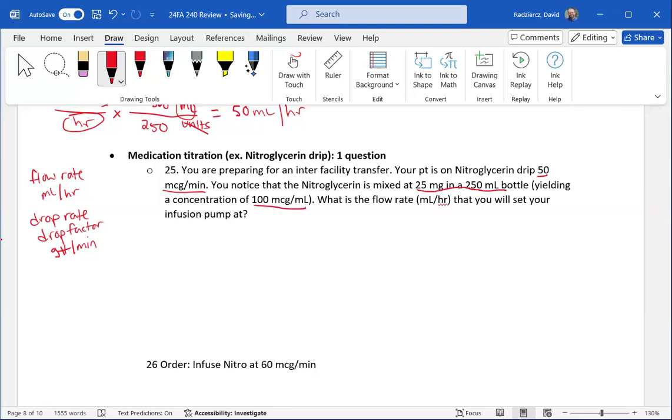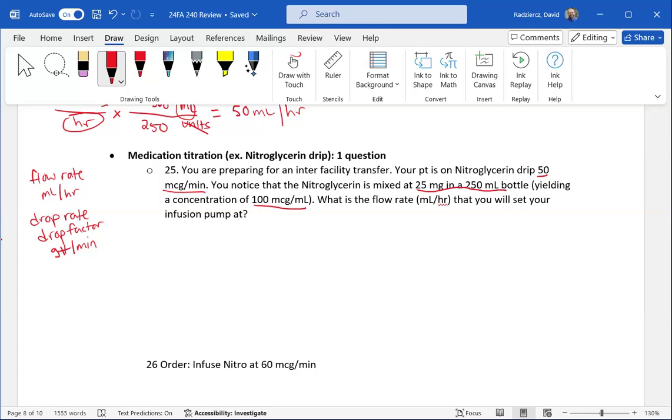So it tells us what the concentration is. Let me double check that. Yes, that is correct. Everything's in the same unit, so the only thing we need to do is convert minutes to hours after we do everything else.